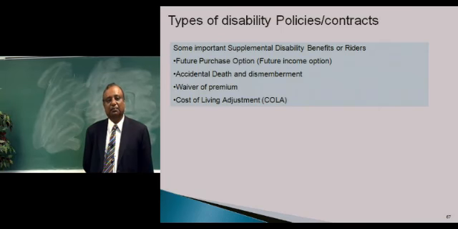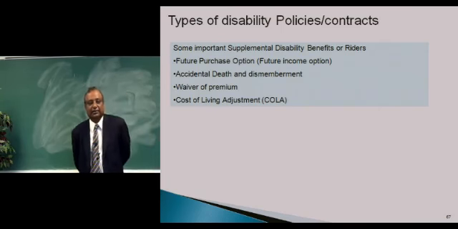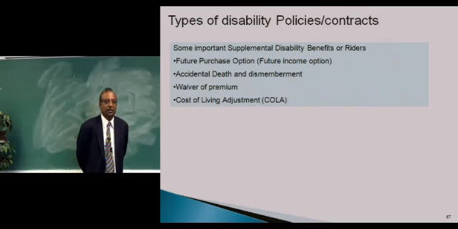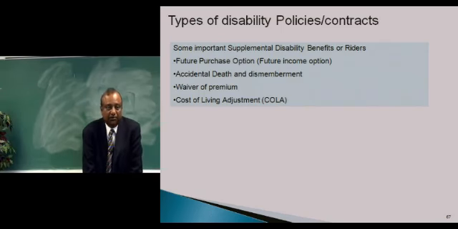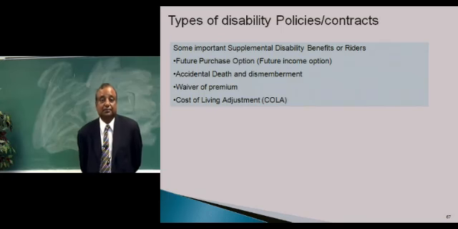Now, some of the important disability benefits or riders that you can add on is the future purchase option or future income option. If you have added this on, it is something like the GIB that we had with life insurance. The insured will be allowed to increase his benefit amount without a medical.